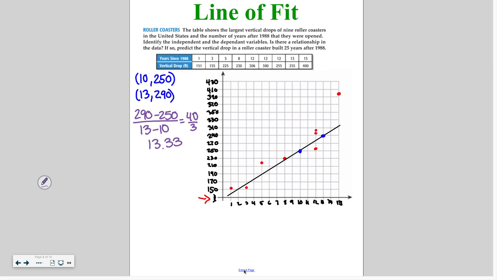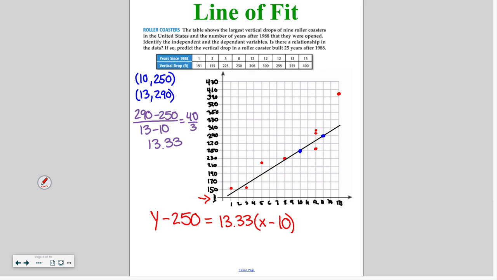So as I continue this problem, I have my slope now, and I am going to turn this into a linear equation. So I'm going to use point slope format because that's the one that I prefer, but you can use slope intercept as well. So y minus y1, which is 50, is equal to my slope of 13.33 times x minus x1.